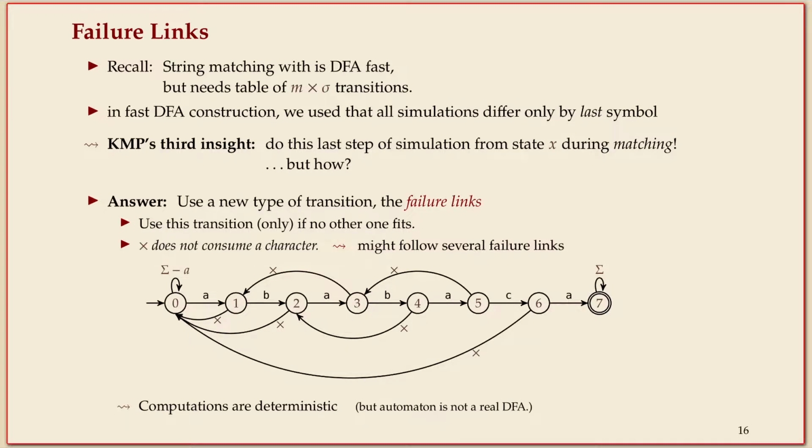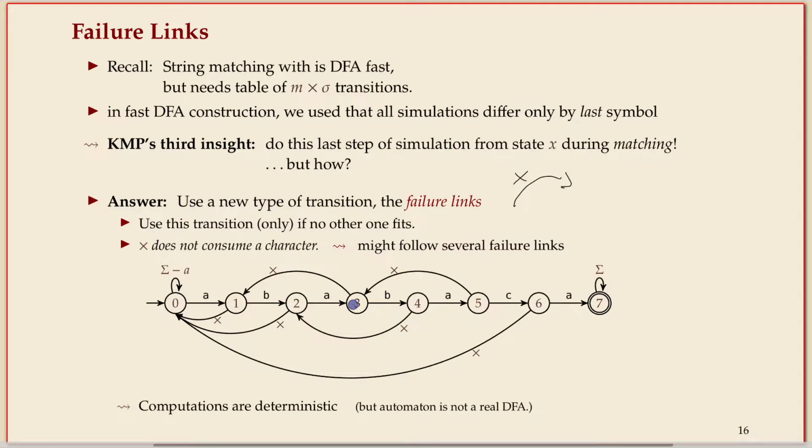That's a new type of link in the automaton, so it's an edge, but instead of a character, it has this cross mark as a label, which says no character matched. And the way these work is, if you're in a state and you see a new character for which you have an edge, you have to take that edge. If you don't have an edge for that character, you follow the failure link, but you keep the same character.